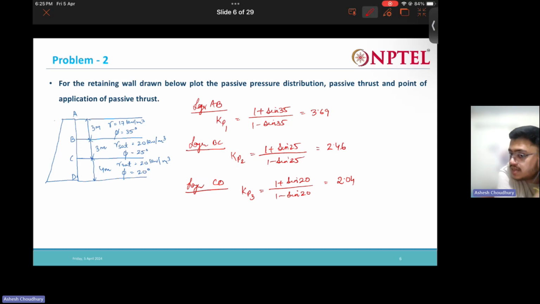Okay, so these are the various earth pressure values. So we found the earth pressure coefficient values for the different layers. All three layers have different coefficients. As the friction angle differs, the earth pressure coefficient also changes. All right, so now next you have to focus on finding the earth pressures, right?